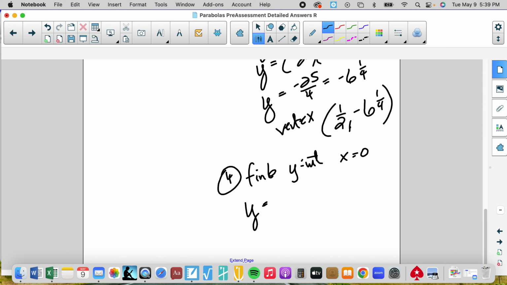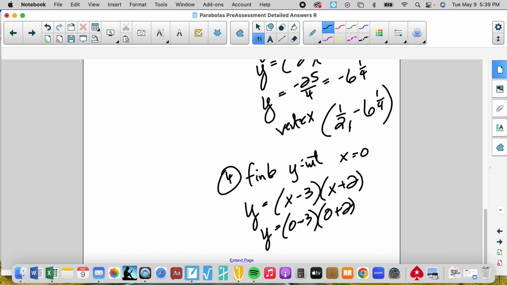So that formula again was y equals (x − 3)(x + 2). So let's plug in 0. (0 − 3)(0 + 2). y equals negative 3 times 2. y equals negative 6. So my y-intercept is going to be 0, negative 6.